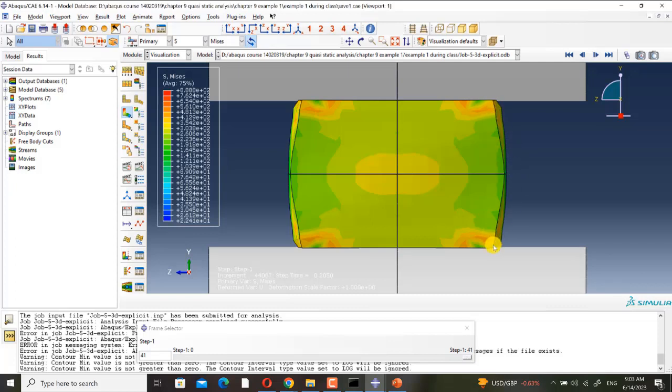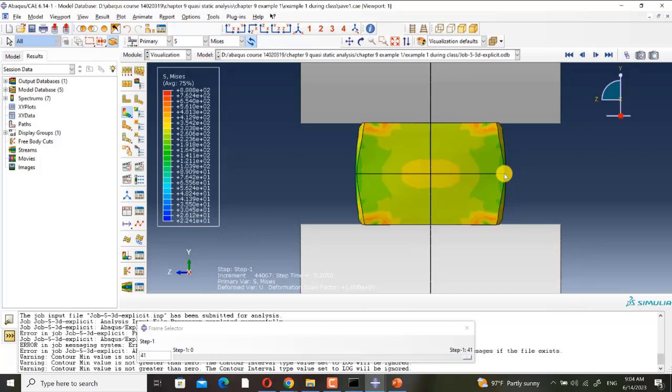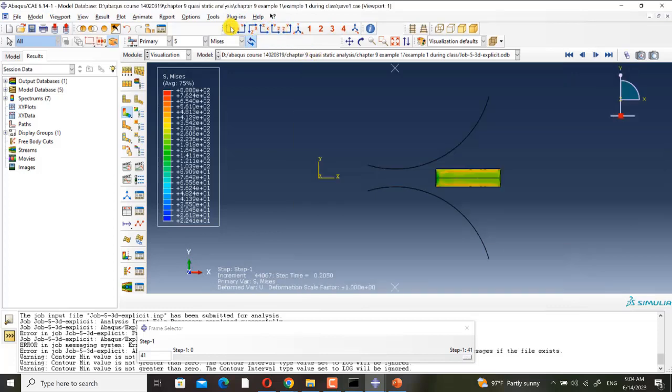You cannot capture such deformation using 2D analysis. But 2D axisymmetric analysis is completely accurate, and it is used for modeling processes like extrusion. For extrusion, axisymmetric modeling is completely accurate, but for 2D simulations like rolling, you cannot capture this deformation. And this is the error for the 2D analysis.